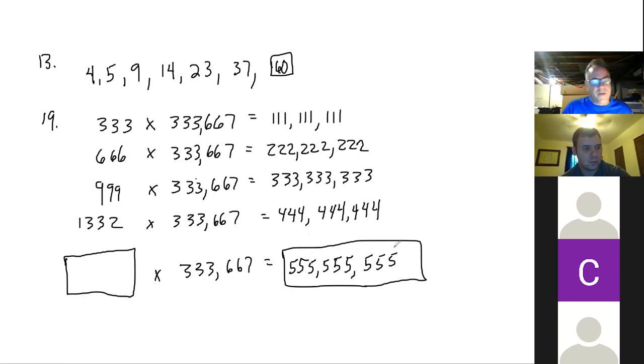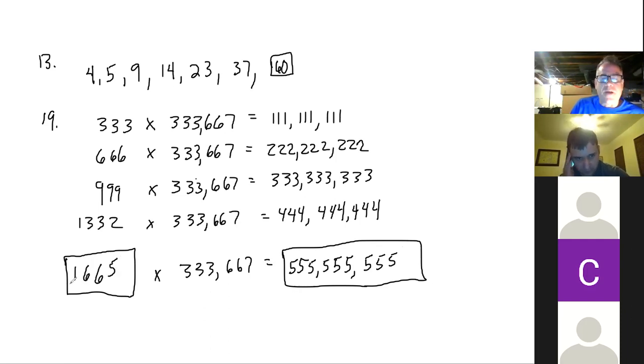All right, now I had grabbed my calculator on the other number on the left side here. What do you think this number should be? 1665. That is exactly it. Thank you very much.